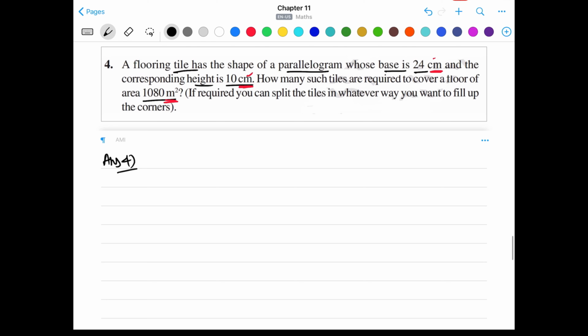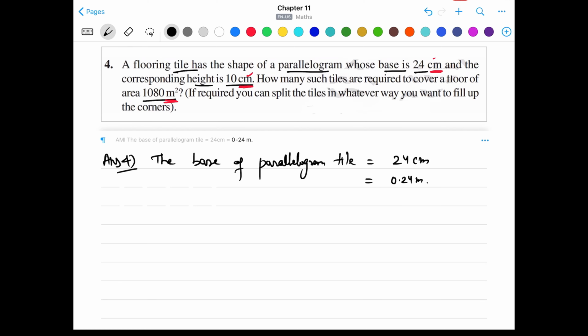So we have the base of a parallelogram tile is equal to 24 centimeter, and if we convert this to meter, it will be divided by 100, so we'll get 0.24 meter.